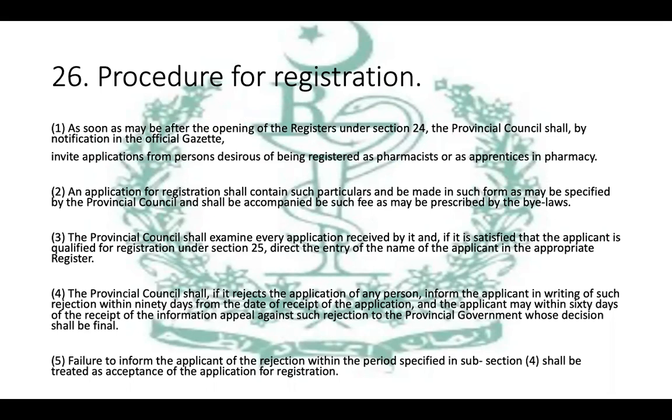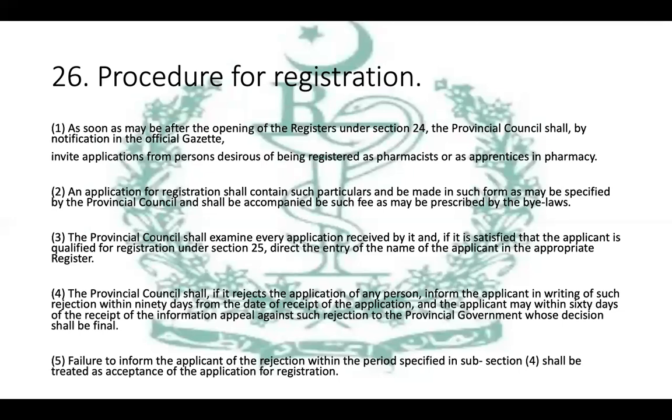And the applicant may, within 60 days of the receipt of information, appeal against such rejection to the provincial government, whose decision shall be final. Now, they can appeal also. Where do they appeal? They appeal to the provincial government, the health department.